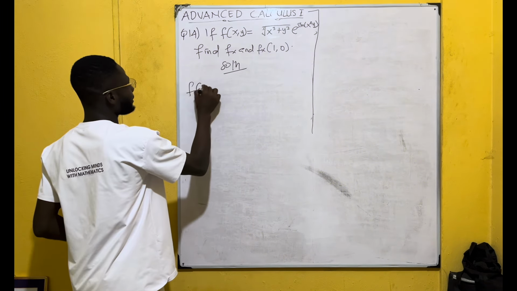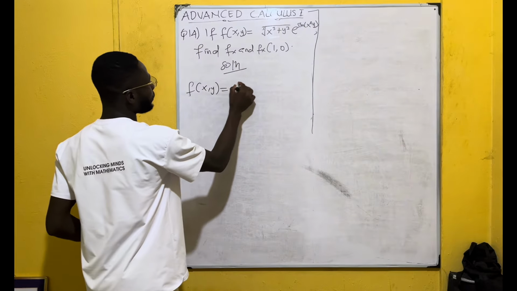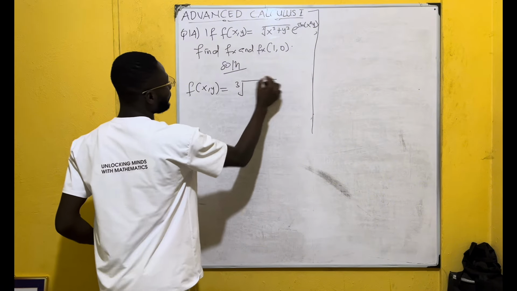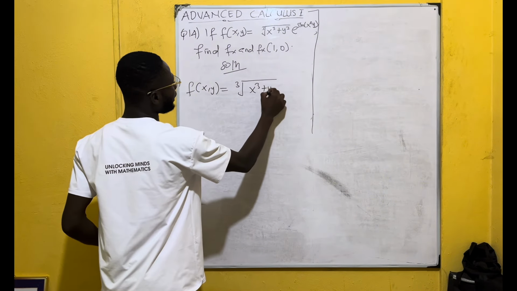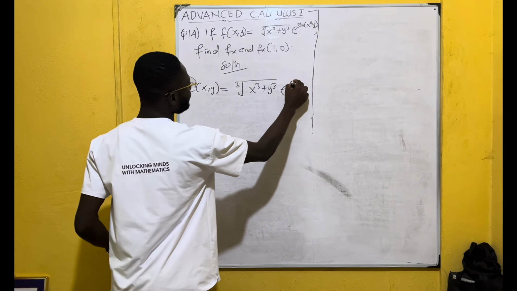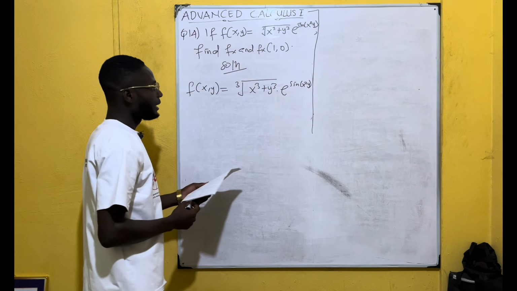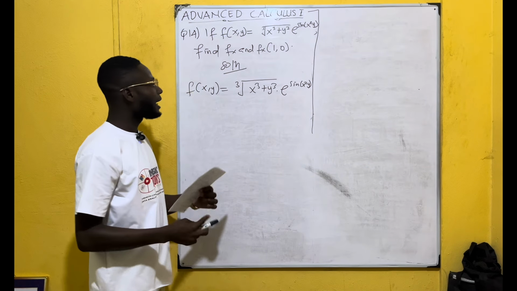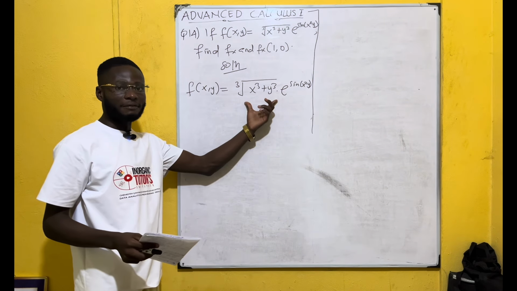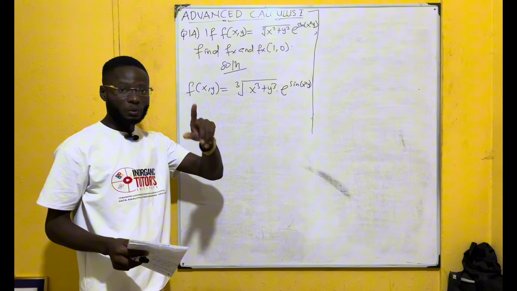f of x and y is equal to the cube root of x cubed plus y cubed times e to the power sine of x squared y. Now, we want to find the first derivative of this expression with respect to what?